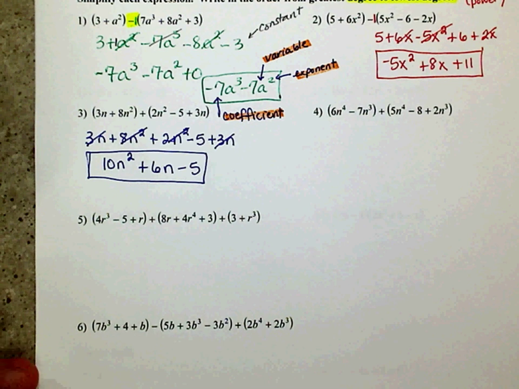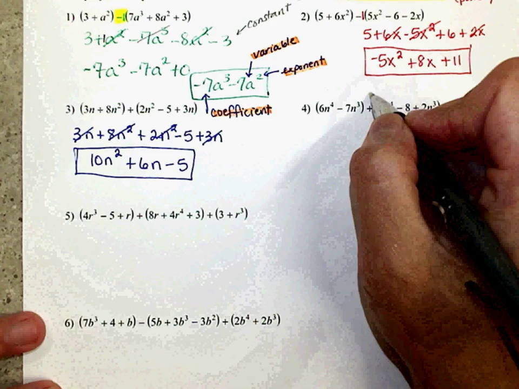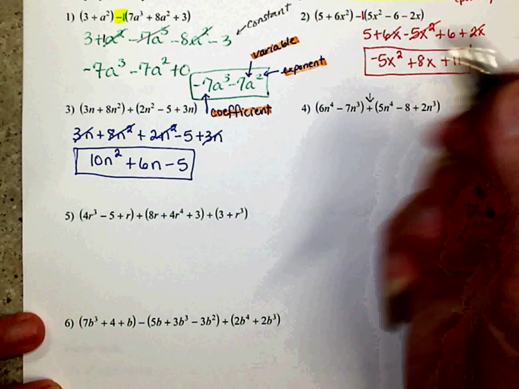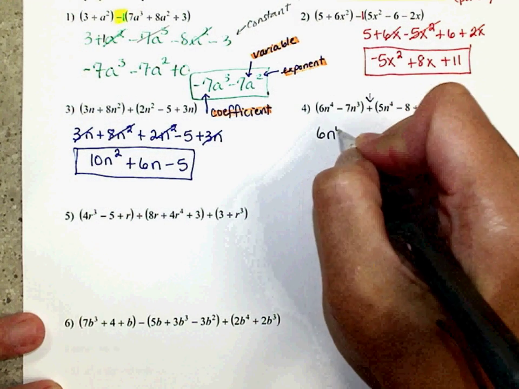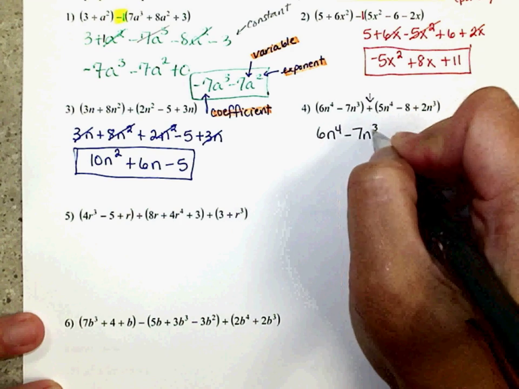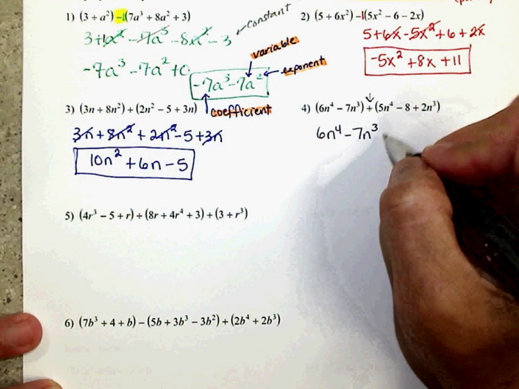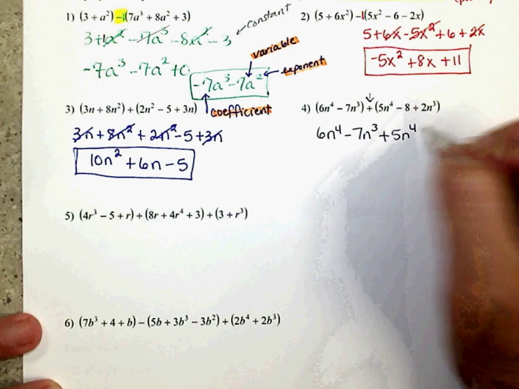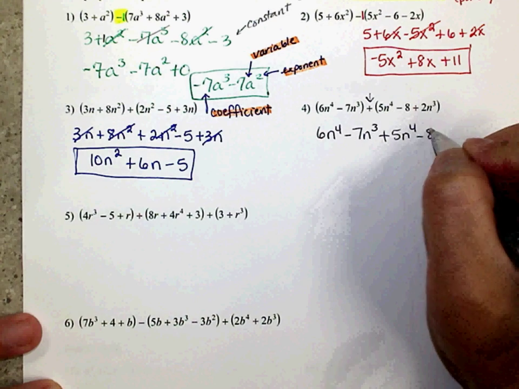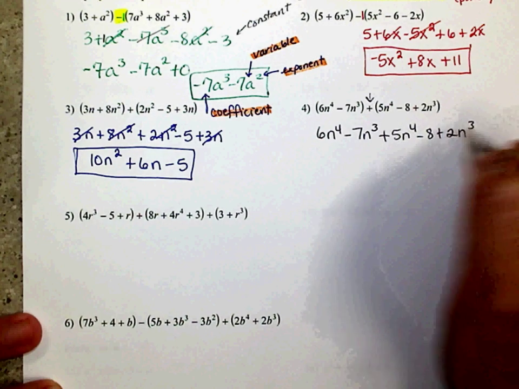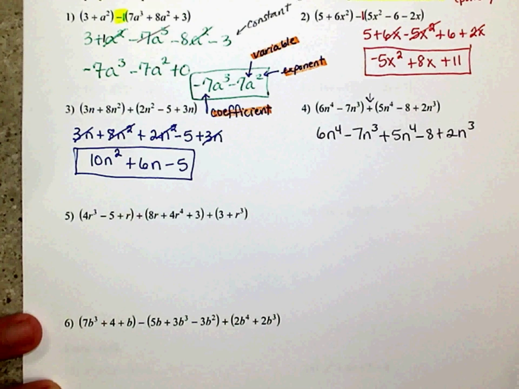Number 4. I have a plus there as well, so basically you're going to get rid of your parentheses when there's a plus. 6n to the 4th minus 7n cubed plus 5n to the 4th minus 8 plus 2n to the 3rd. Write your highest degree to your lowest.